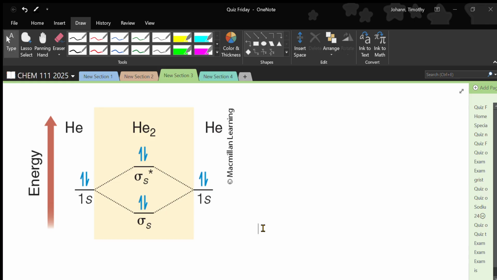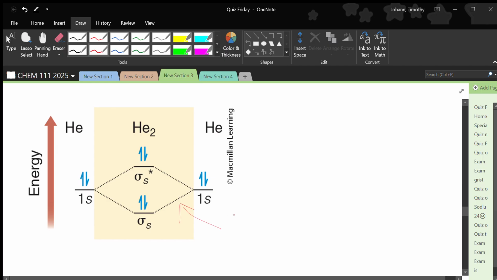If we then put these 4 electrons in, 1, 2, 3, 4, we end up with 1 bonding orbital and 1 anti-bonding orbital. They essentially cancel, and there's no reason for those heliums to come together. Does that make sense? This is going to have a bond order of 0.